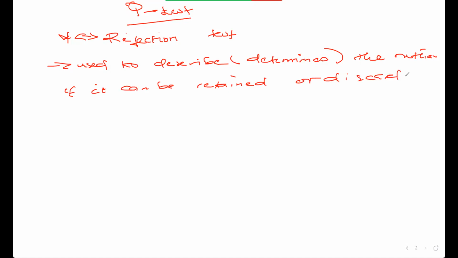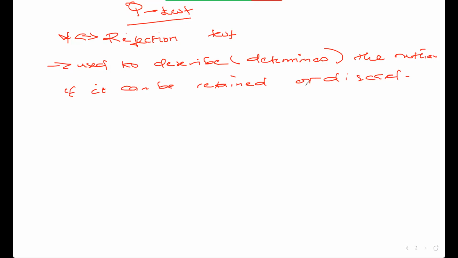So it is the Q-test that will help us determine whether to discard that variable we suspect to be outside of your measurements, or to retain it. We use Q-tests to do so.